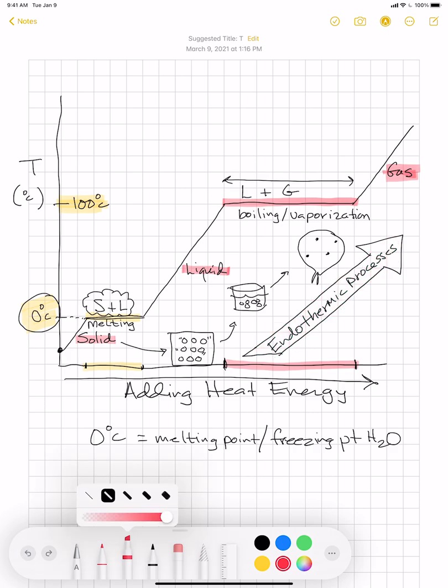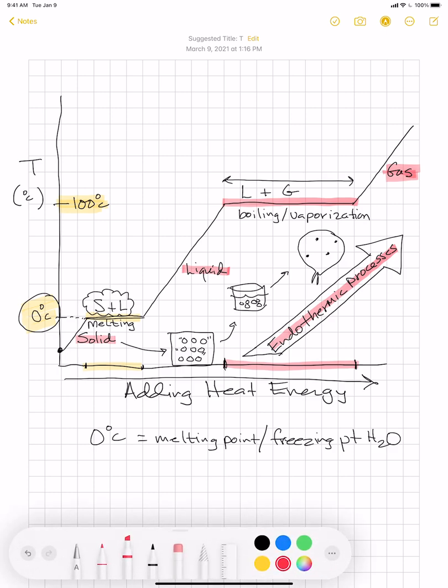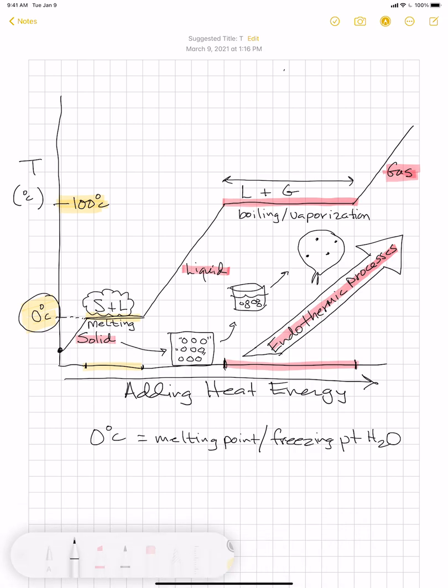We'll change this. All right, so this is an endothermic process as we go from a solid to a liquid to a gas. You have to put energy in. Now, if there's energy going in one direction, the law of conservation of energy says the energy you put in has to be equal to the energy that comes out.